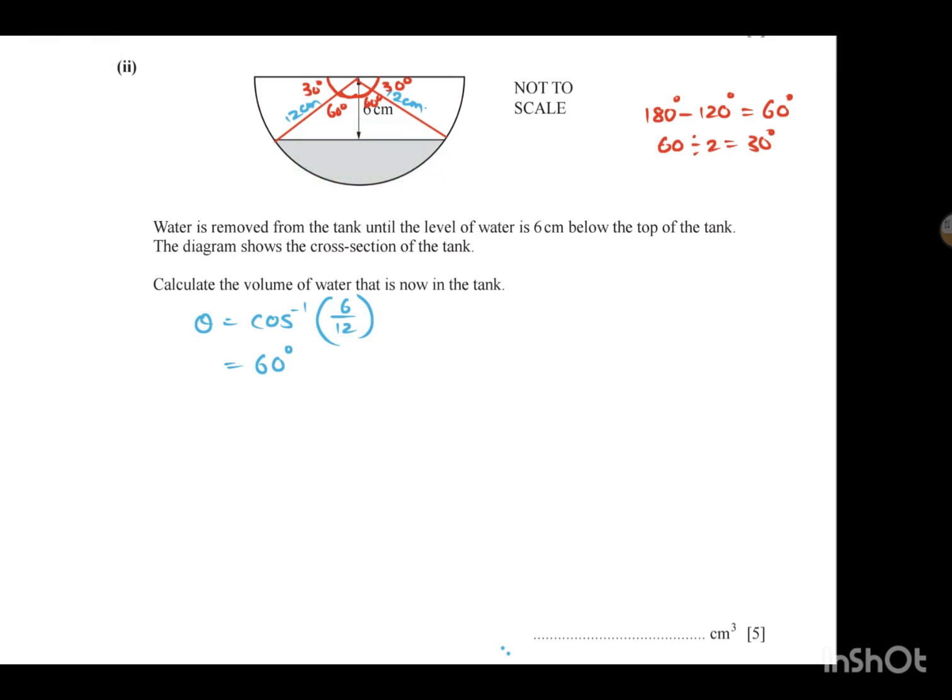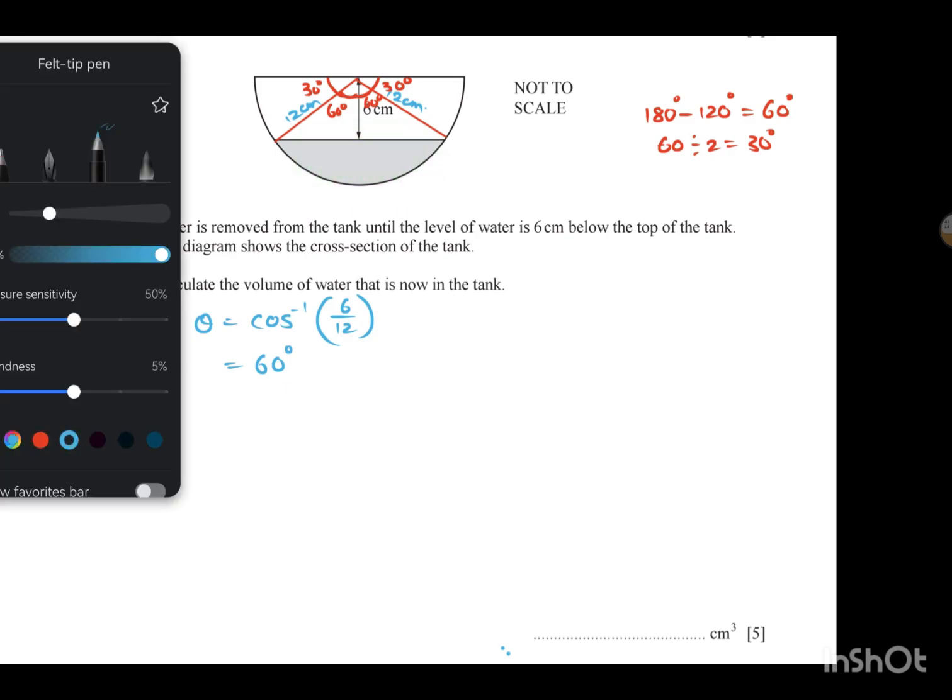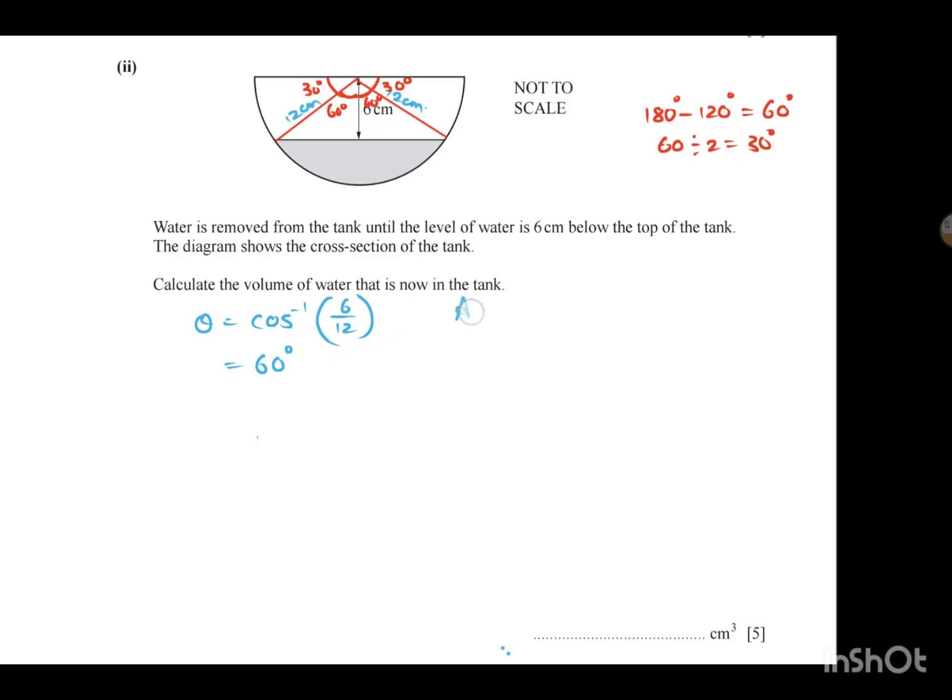So first of all we'll find out the area of the sectors. Area of the sectors is equal to 2 times theta by 360, that is 30 by 360, into pi r square, into pi 12 square.